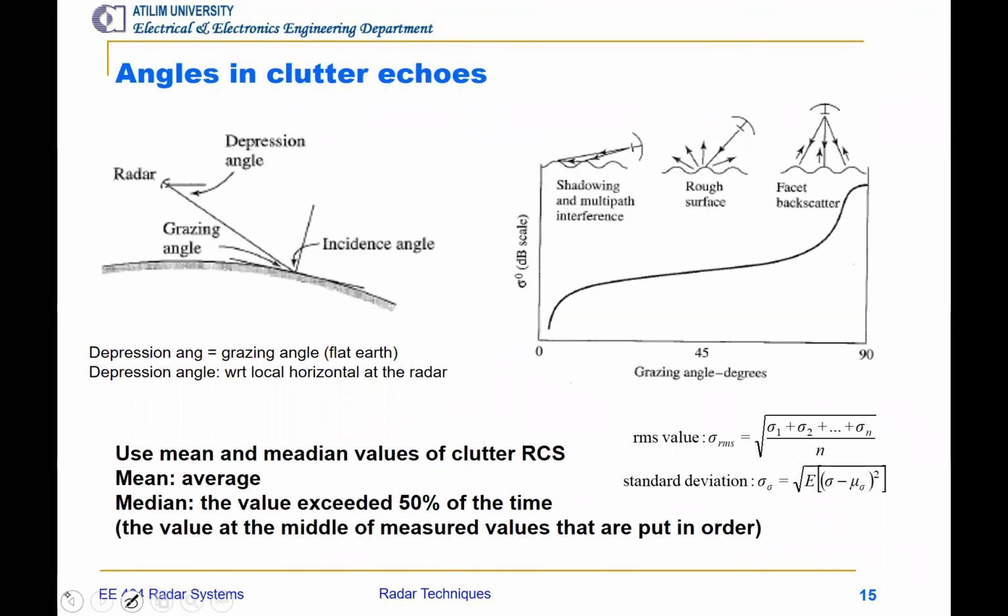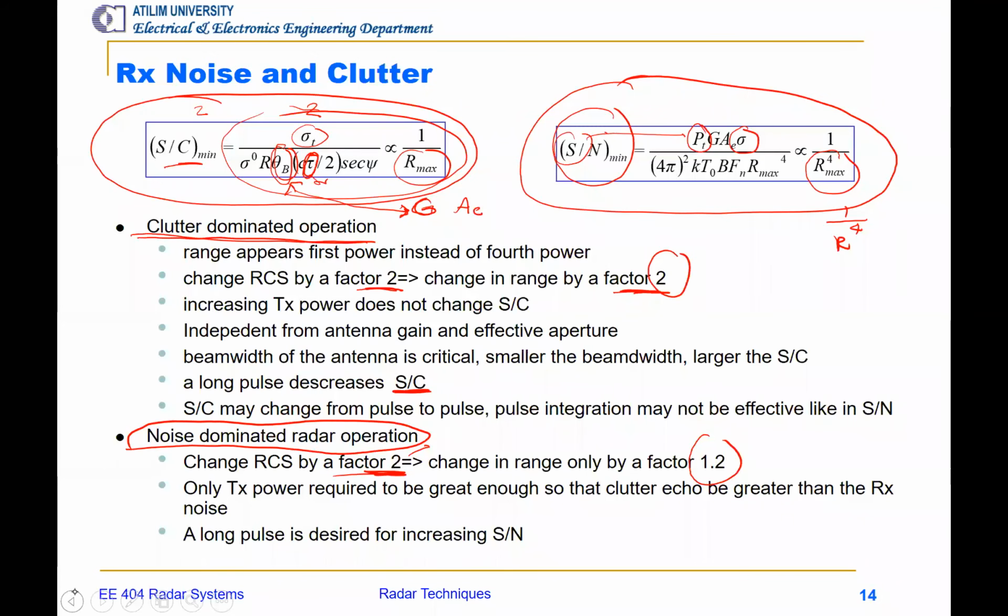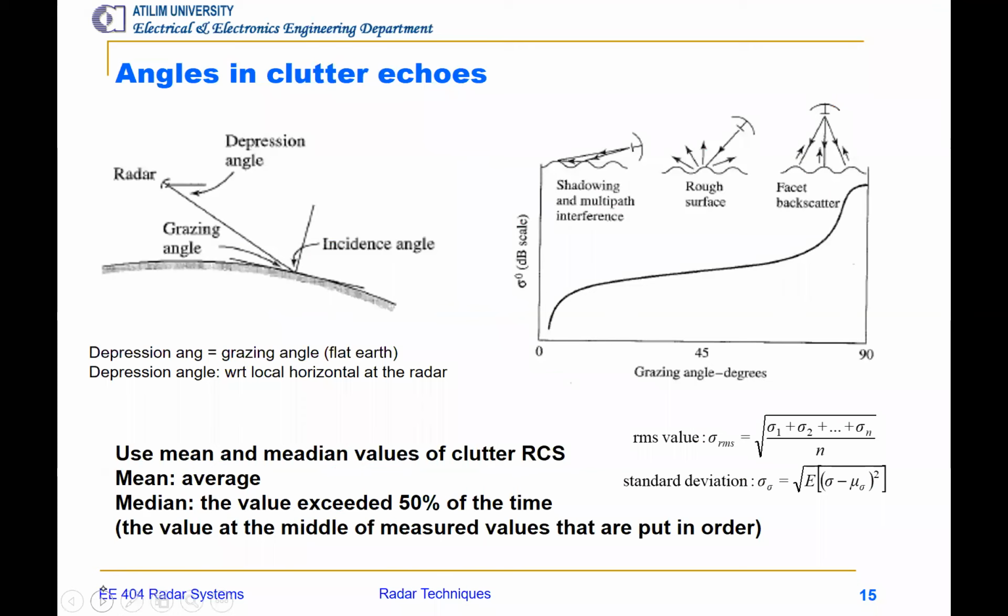Okay, let's talk about the effect of angles on clutter echoes. Again, we consider a radar installed on an air platform, and we have the Earth here.